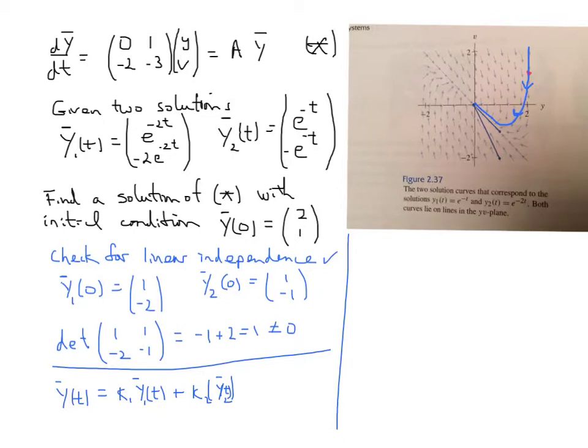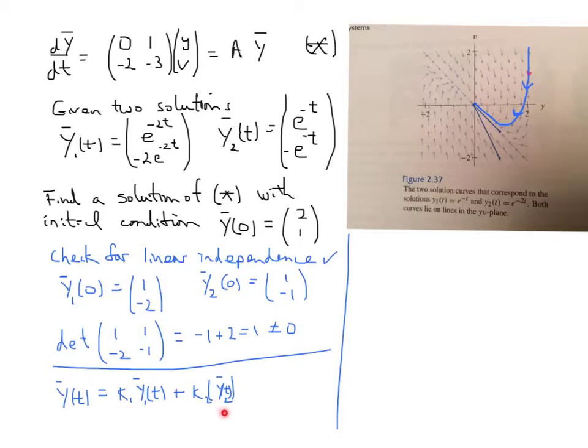We know from the linearity principle that the sum of these two functions will solve the system. The linearity principle says if y1 is a solution, a constant times y1 is still going to be a solution.